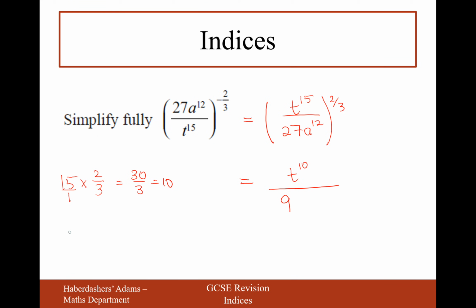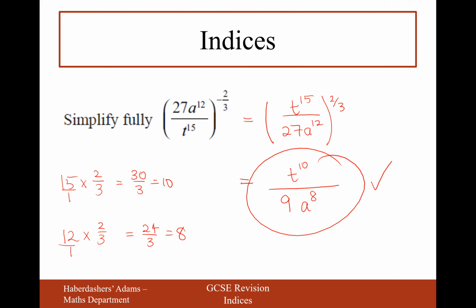And then you multiply these indices together again, so it would be 12 times 2/3, treat it as 12 over 1, do top times top, bottom times bottom, so that's going to be 8. So it's going to be a to the 8. So there we are, that's the final answer for this question.